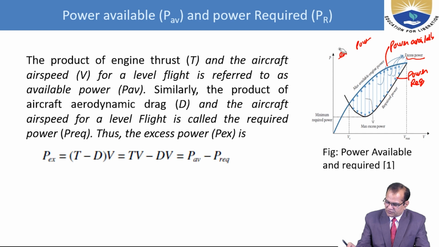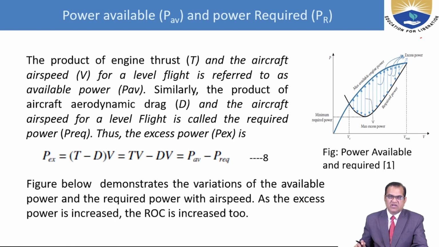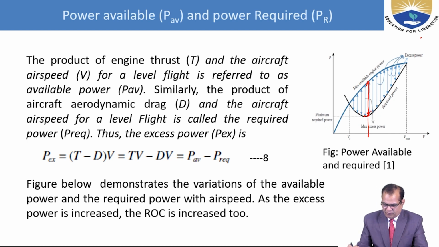Okay, so this we have to understand very well. So now this figure shows the variation of the available power and the required power with airspeed. As the excess power is increased, the rate of climb is also increased. So the more excess power you have, the better. Here you have the minimum power required, and these are the different points here.